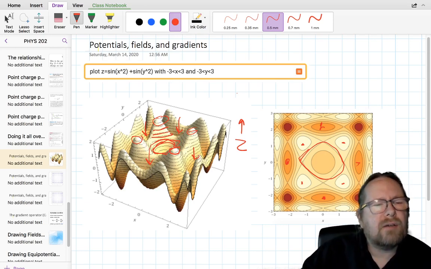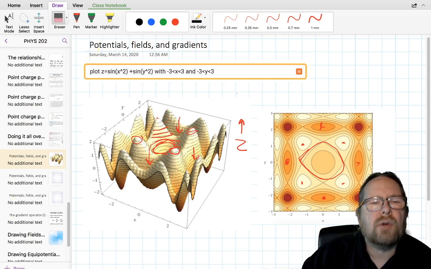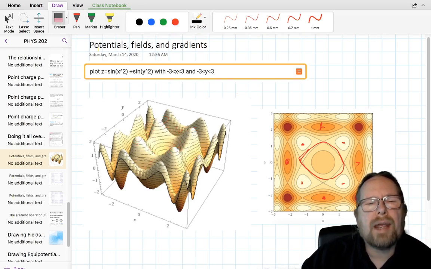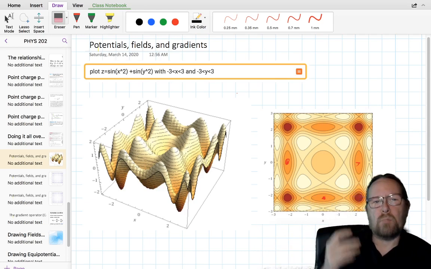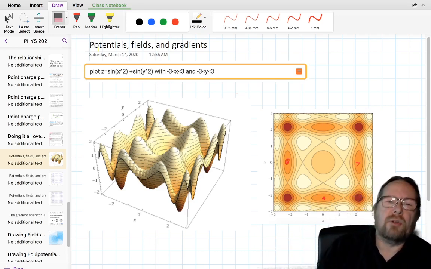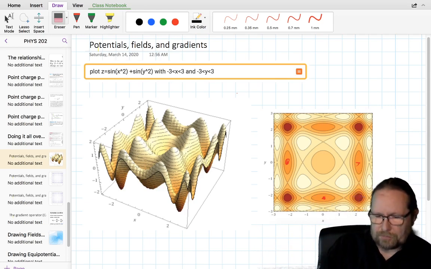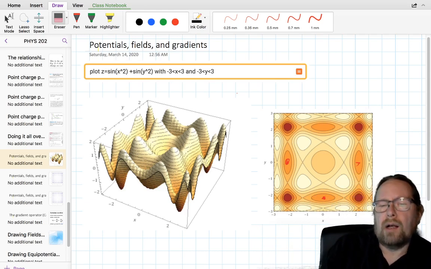The idea of a gradient is that the gradient operator operates on a scalar function in space and gives you a vector-valued function in space. The gradient tells you at every point in a function... well, actually, let's step back for a minute and think about what the slope tells you. When you draw a function and ask for the slope, what does the derivative of a function tell you?